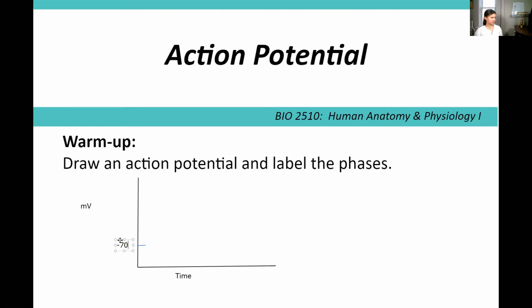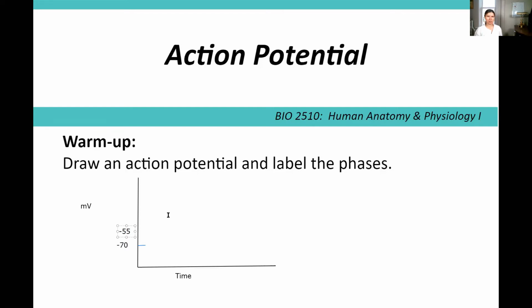Okay. We have a threshold we're trying to get to of -55, which tells us once we reach our threshold of -55, that's when we're going to set off the action potential. So if we don't get there, we won't have an action potential.